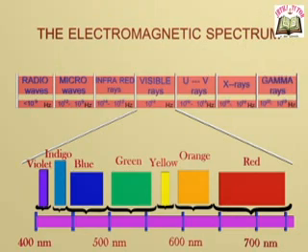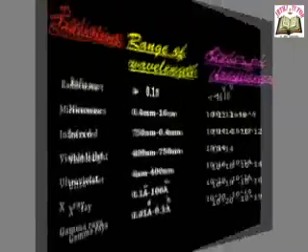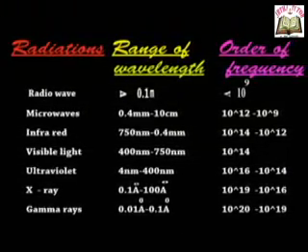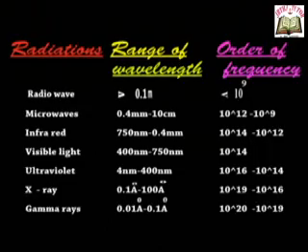The approximate range of wavelengths and order of frequency of different regions of the electromagnetic spectrum are given in this table.